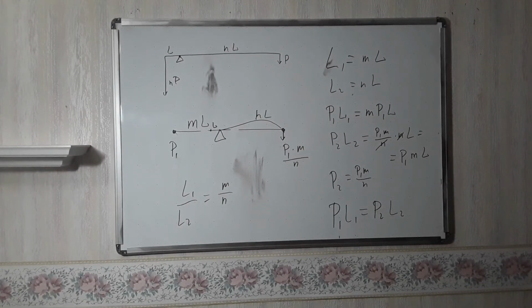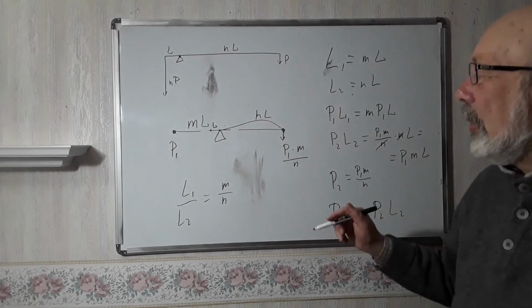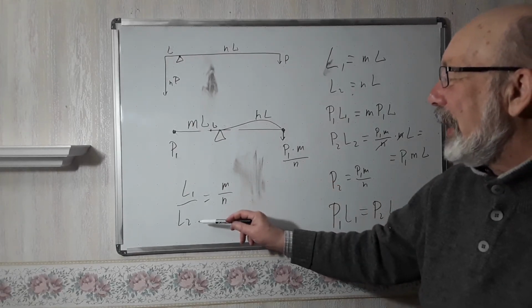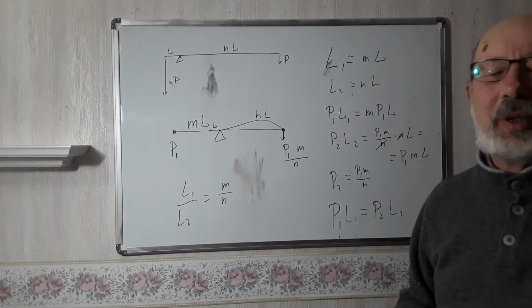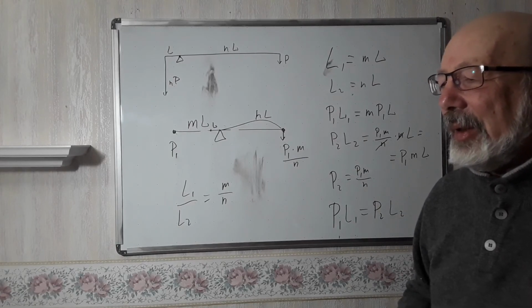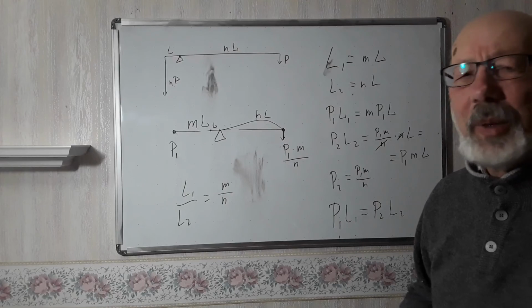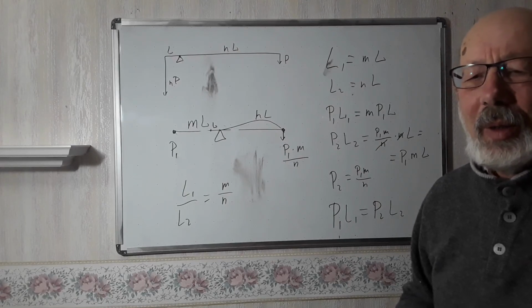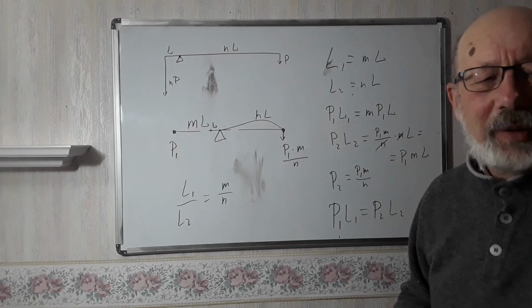Now what remains is a small part, which at that time was beyond Archimedes' knowledge: how to prove it when L1 divided by L2 is not rational like M divided by N, but irrational. It is not so easy, and let me simply say that it is also true, but requires a little more thinking, maybe another half an hour, and maybe some other time.